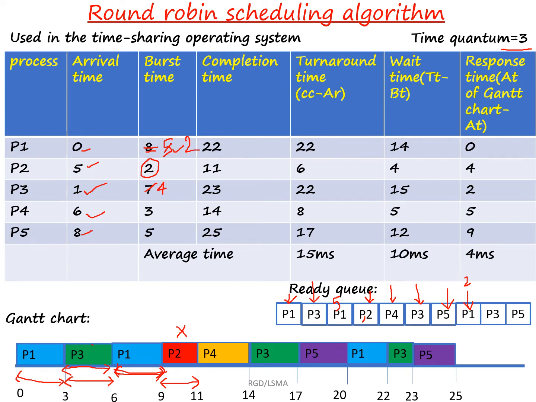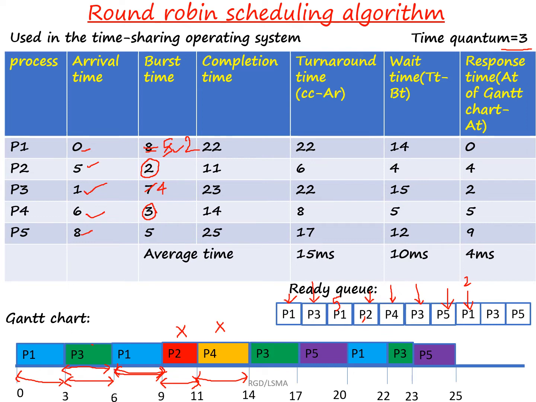The P4 process total burst time is 3, so the CPU will execute 3 units of time from 11 to 14. Here the P4 process also completed its execution, because it has a maximum burst time of 3, and you can say that the P4 process will not participate in the scheduling process further.